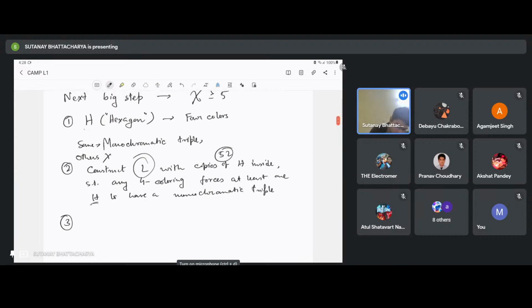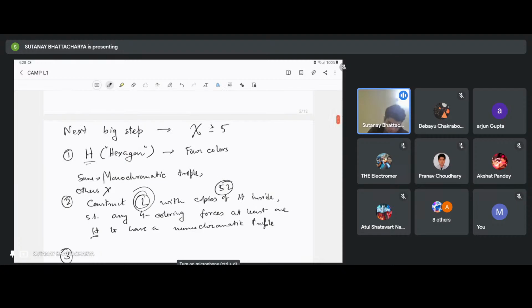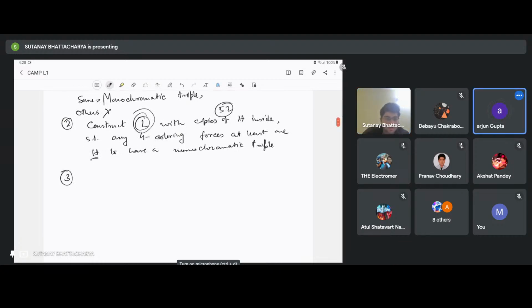Remember, there are two ways to color the hexagon H, one that involves monochromatic triples and one that does not. So we will construct L so that no matter how you color L with four colors, at least one of the H's will have a monochromatic triple in it. Does H also consist of the center of the hexagon? Yes, H has 7 vertices. Okay. And that is our second step.